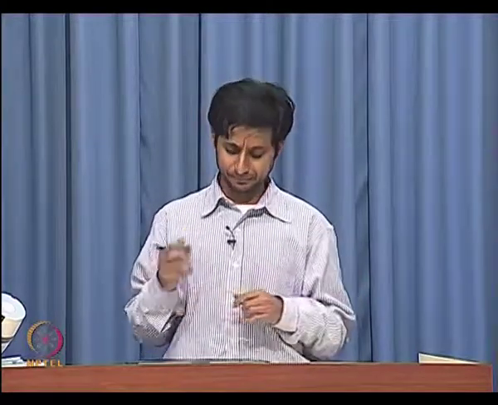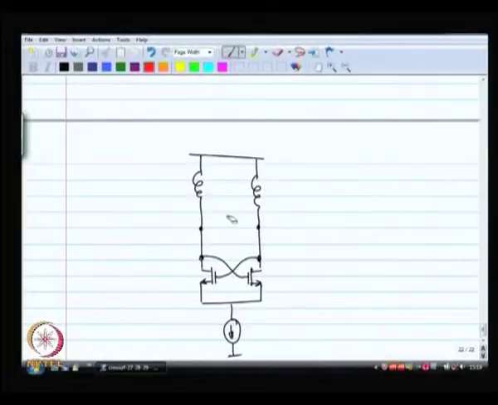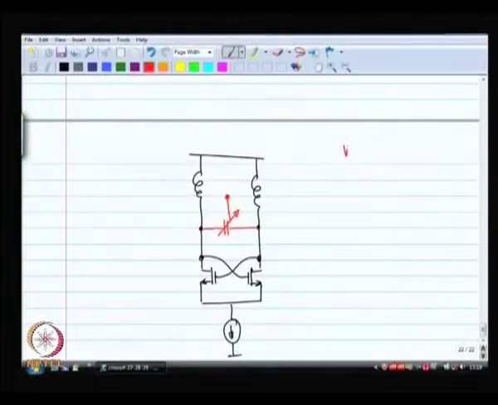So, to start with, this particular capacitor should be able to vary electronically. We use a voltage control. We want a capacitor whose value can be controlled by a voltage. So, this becomes a voltage controlled oscillator.